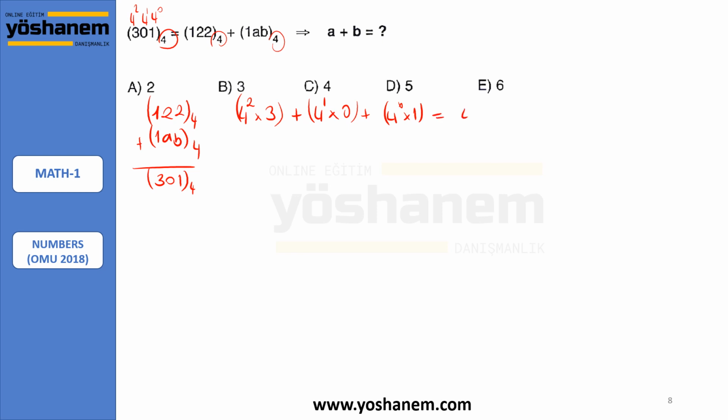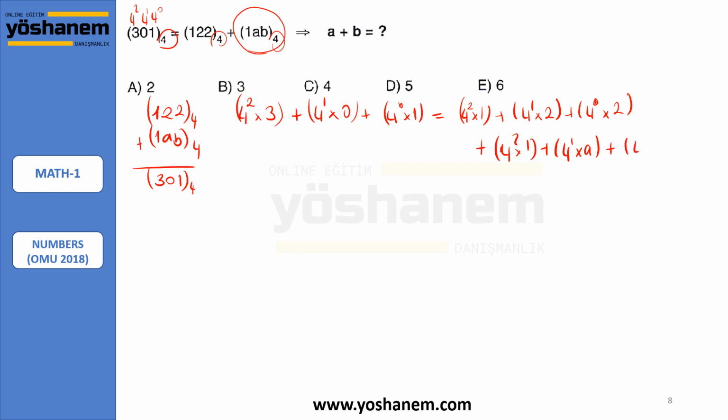Equals 4 squared times 1 plus 4 to the first power times 2 plus 4 to the 0 power times 2, plus, now I am gonna write it here, 4 squared times 1 plus 4 to the first power times a plus 4 to the 0 power times b.